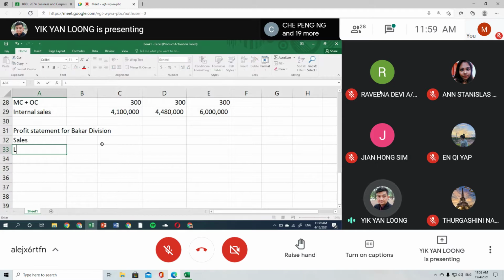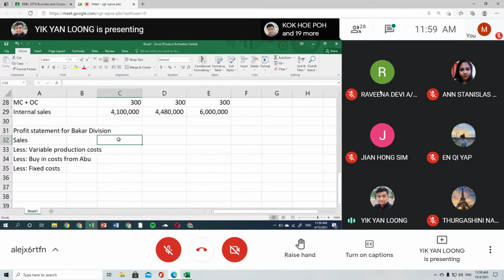It will be sales less all your costs. So less variable production costs, less buy-in costs, and your fixed costs.